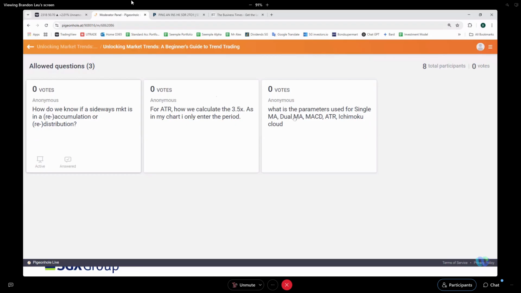So the next is, what are the parameters used for the single MA, dual MA, MACD, ATR, and Ichimoku Cloud? All these usually use a standard length. For example, for the single MA, for swing trading, we'll be using 20 days.